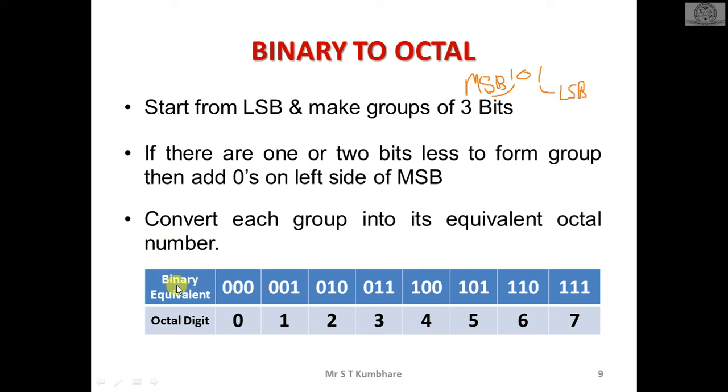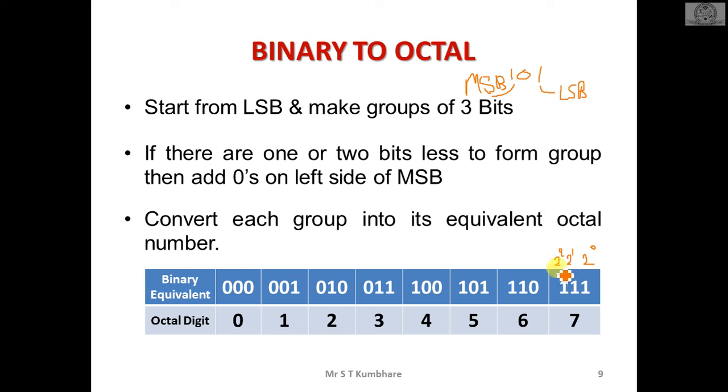We have a binary number, right? Binary has the base or radix as 2. So just write down 2 raised to power 0, then 2 raised to power 1 and 2 raised to power 2.